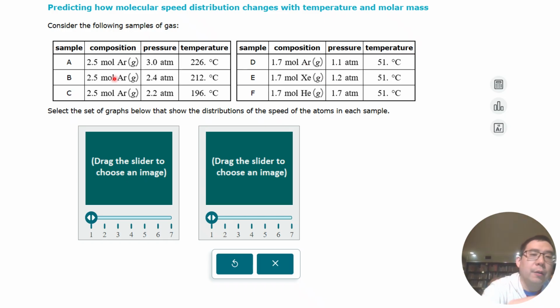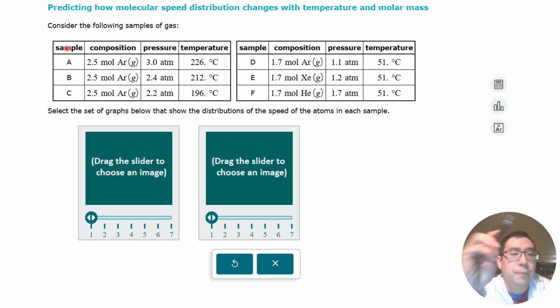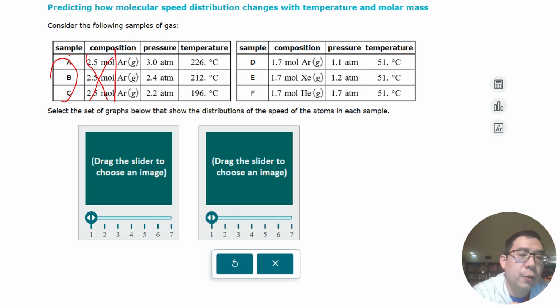So we'll look at this one first. It says, consider the following samples of gases A, B, and C. Select a set of graphs below that shows the distribution of speeds of the atoms in each sample. Before we look at the distributions, let's think about what it's asking. It's asking what's the slowest, what's the fastest, and which one is in the middle out of these three. What do we not care about? We don't care about the amount.